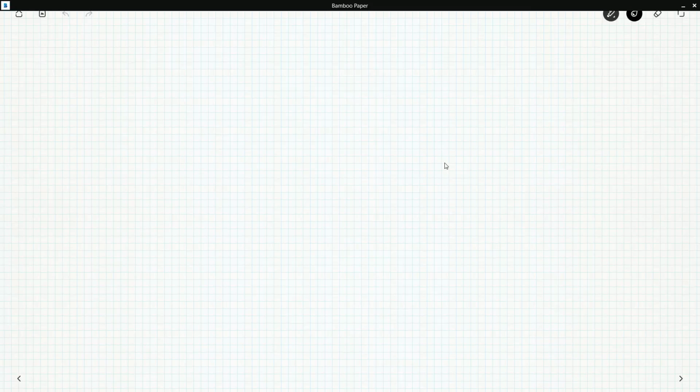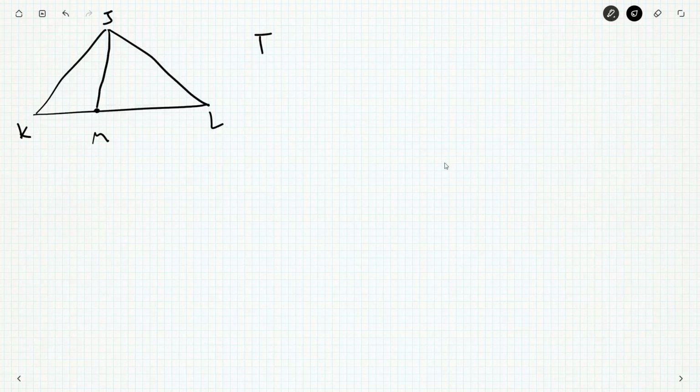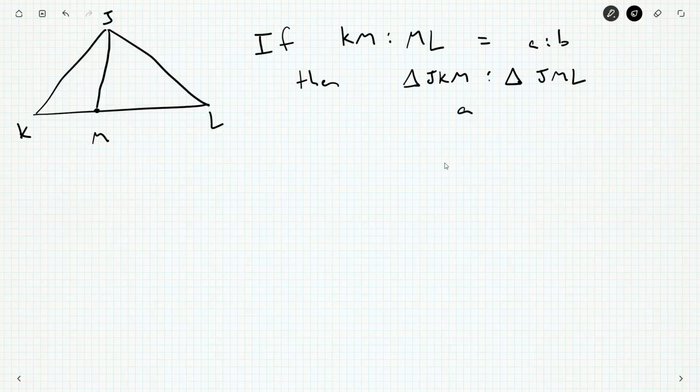So, looks like they're working with ratios here. I'll just make a little comment that if you have, say, I don't want to say X, Y, and Z, let's say J, K, and L, and you have this other point M here, and if KM to ML is in the ratio of A to B, then the area of JKM to the area of JML is also A to B. So this is something I would just write off to the side.